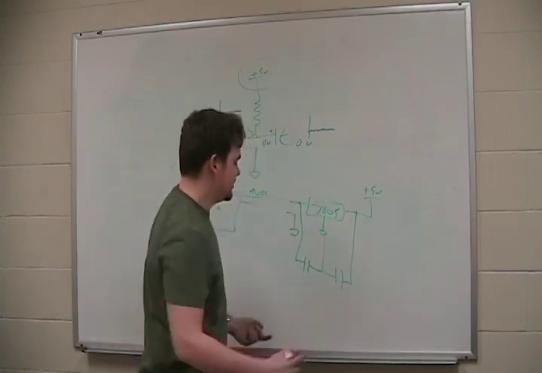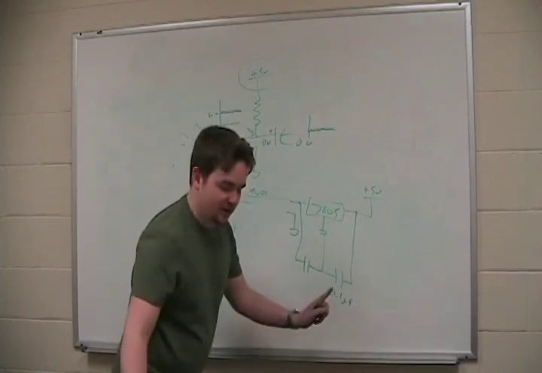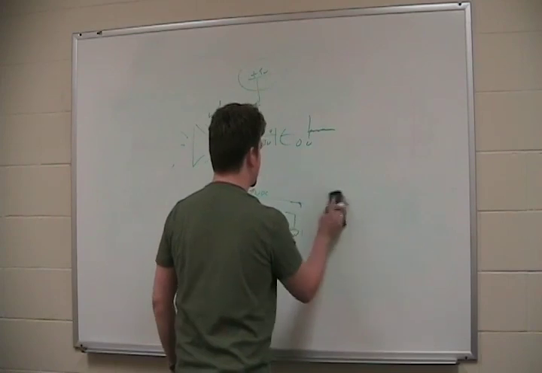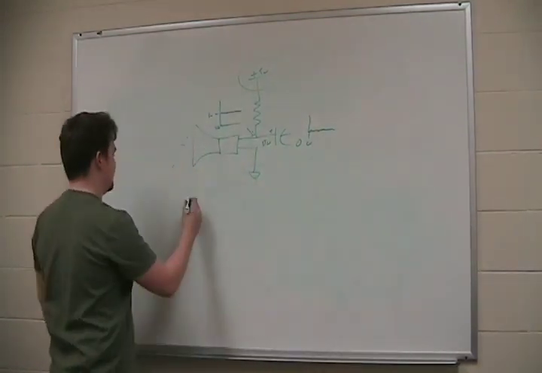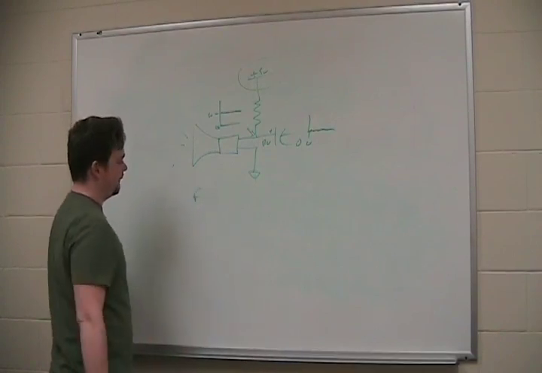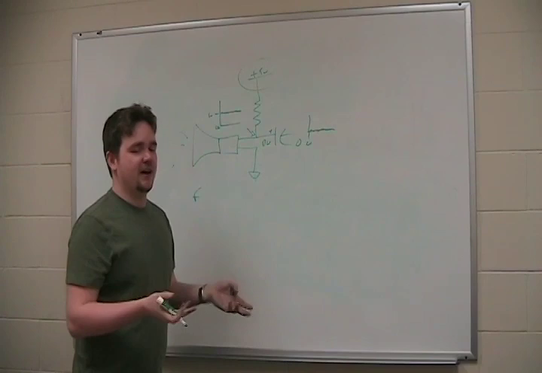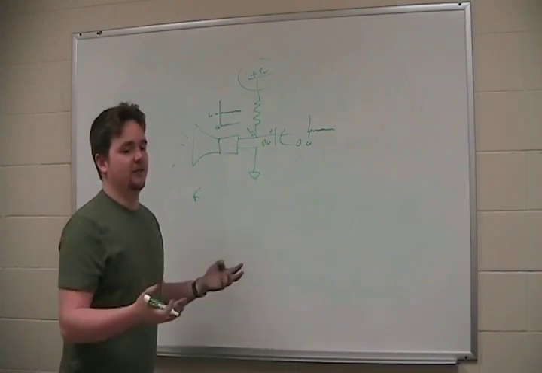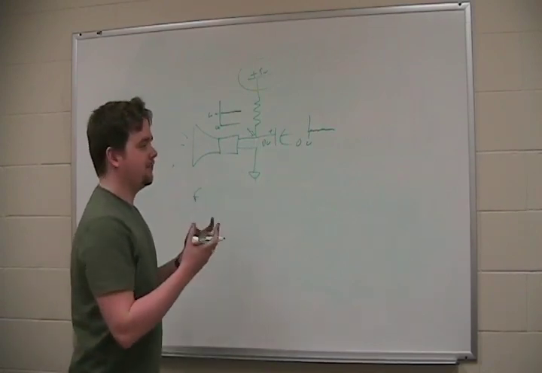Now, a capacitor like this would be 0.1 microfarads. I haven't gotten there yet. Capacitors are measured, their values are often given in two values. They're measured in farads. The higher the value, in say 1 microfarad or 10 microfarads or 100 microfarads, the better.